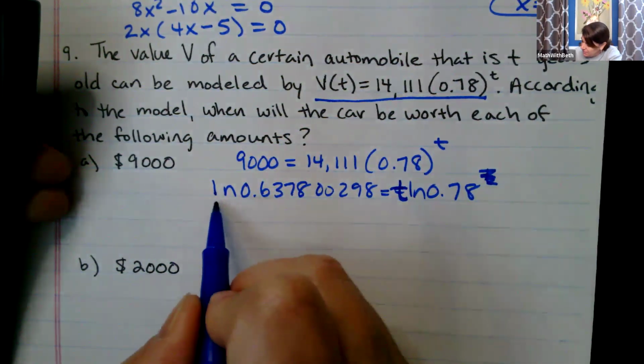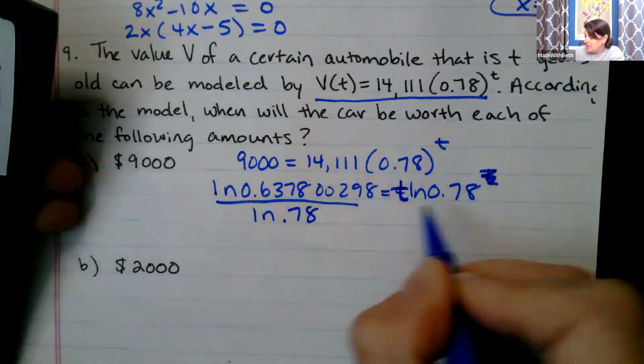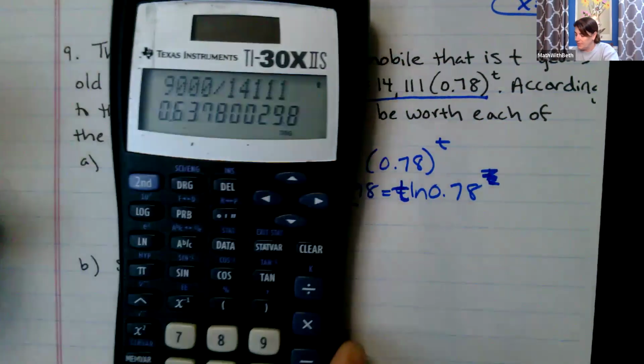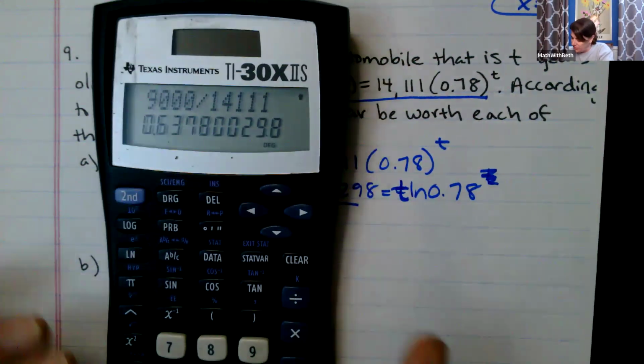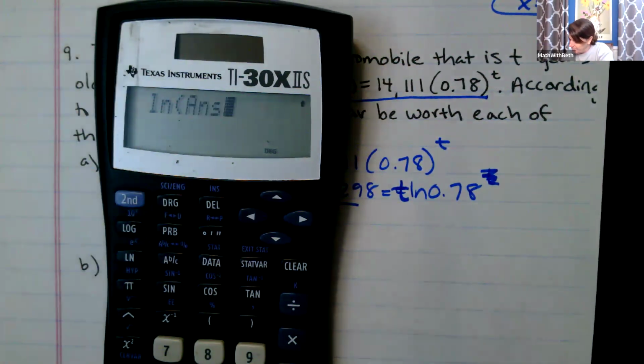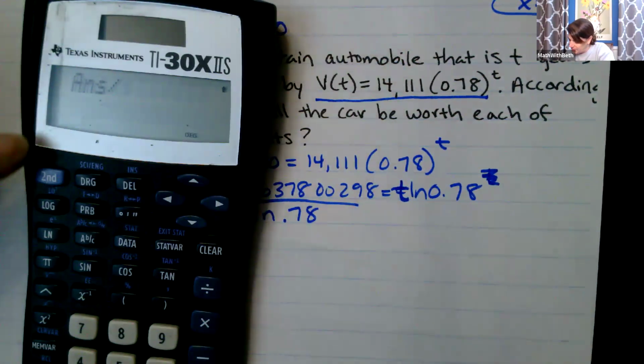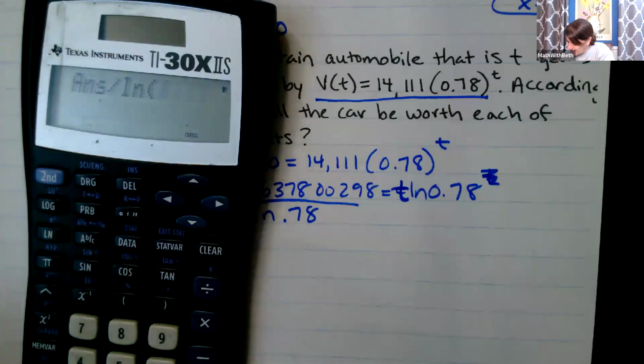And so finally, to get that t by itself, we're going to have to divide. So whatever I have here, I want to do ln of that divided by ln of the 0.75. I mean 0.78.